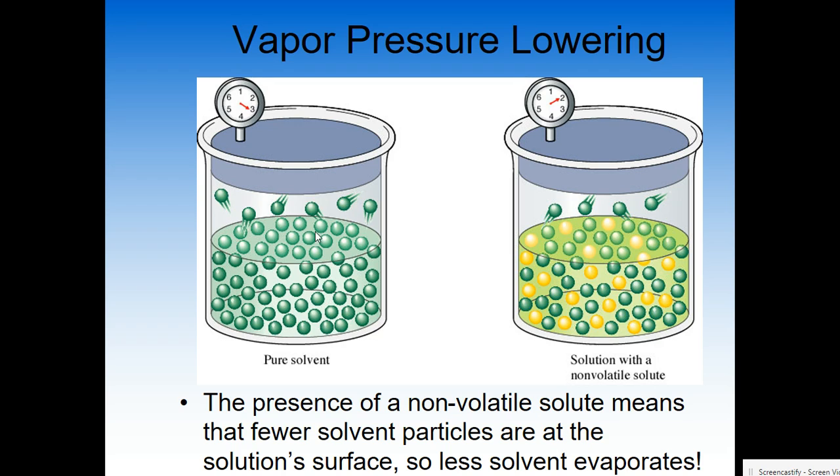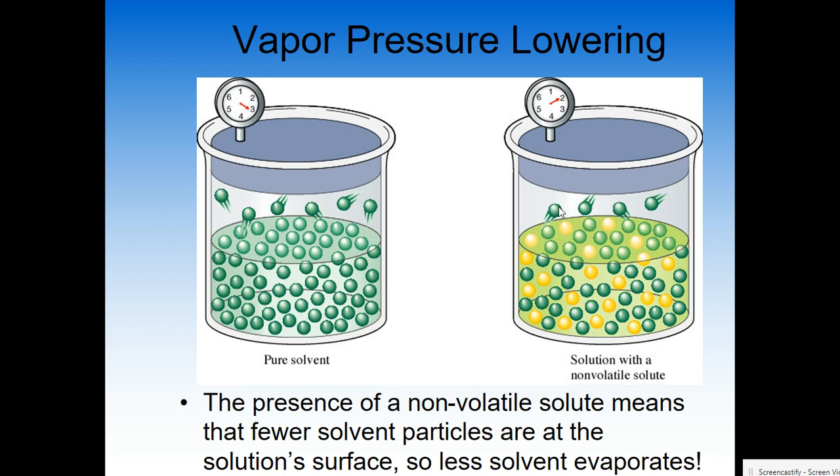And thus you have a certain vapor pressure over your solution. If you have a non-volatile solute present, the solute, and that's the yellow particles here, kind of gets in the way of the solvent, and that's the green particles here, getting in the way of their ability to escape from the surface of the solution.